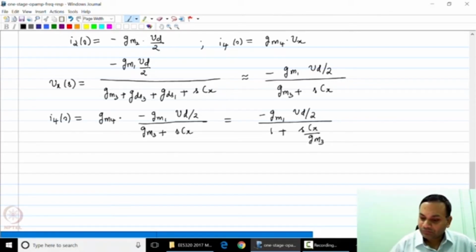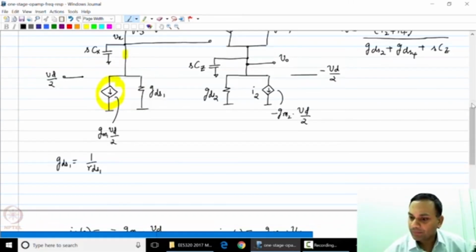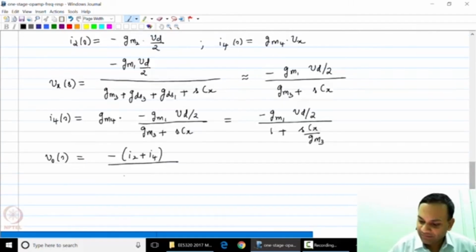And now the output voltage VO of S, we have seen that it is minus of I2 plus I4 over GDS2 plus GDS4 plus SCZ.